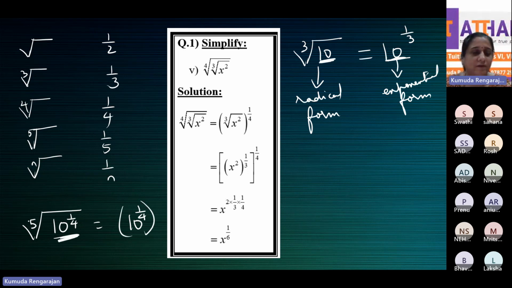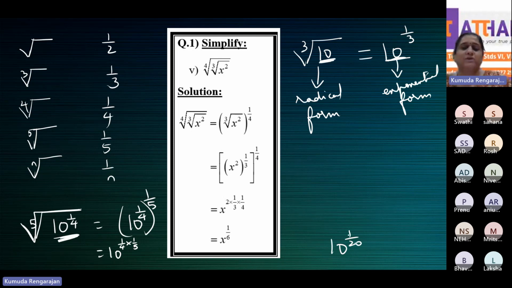And the power will be, fifth root becomes 1 by 5. So now this is nothing but 10 to the power 1 by 4 into 1 by 5, because what we know is when there are many powers, we'll have to multiply the powers. So it's 1 by 4 into 1 by 5, which is 10 to the power 1 by 20, because 1 into 1 is 1, 5 fours are 20.